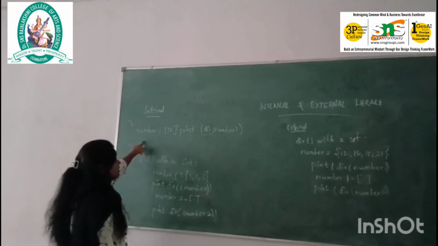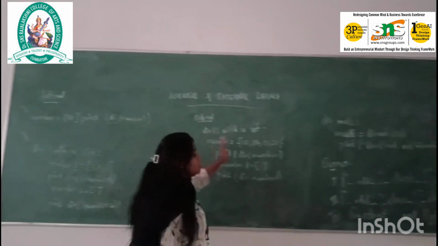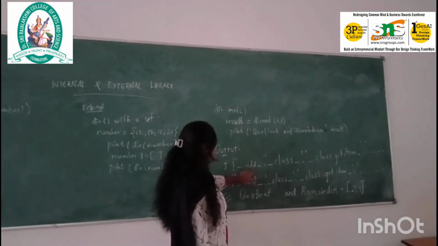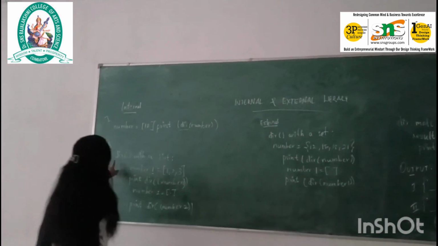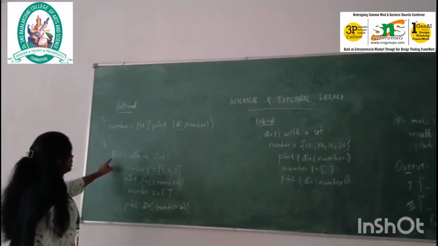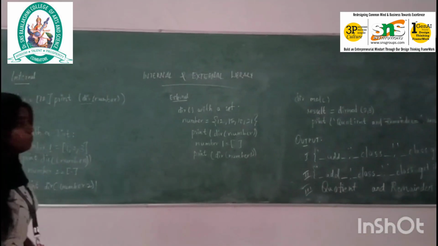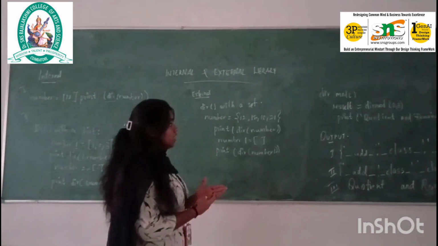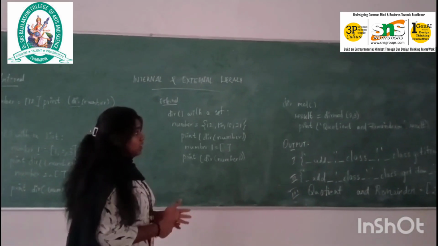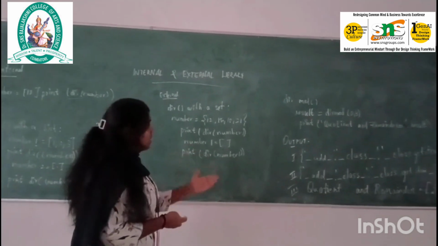It defines the number, and the outputs show attributes like add, class and get item. The second program shows the list of the internal library, where the attributes are add, class and get item. And the external one shows arithmetic operators such as quotient of division and remainder as modulus, and the outputs are 2 and 3.